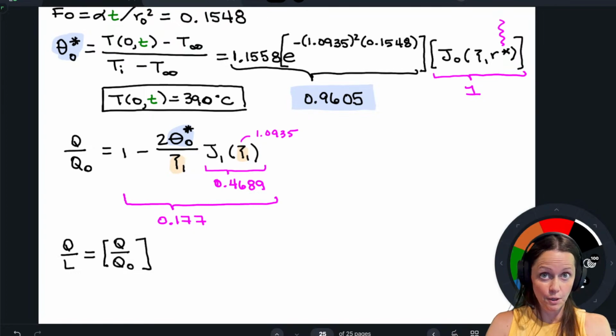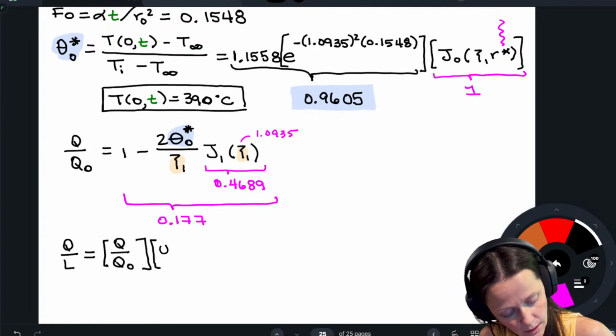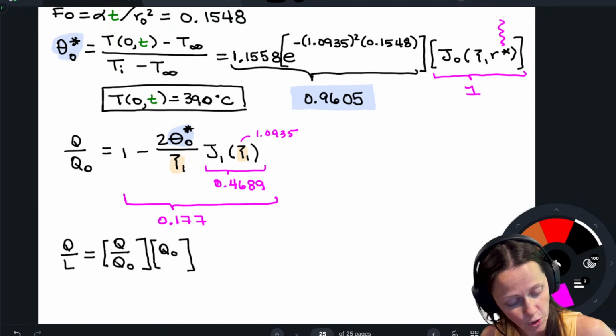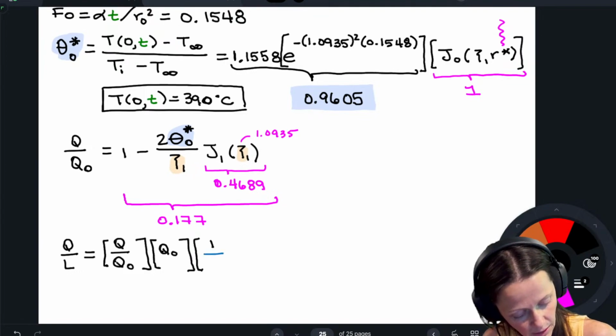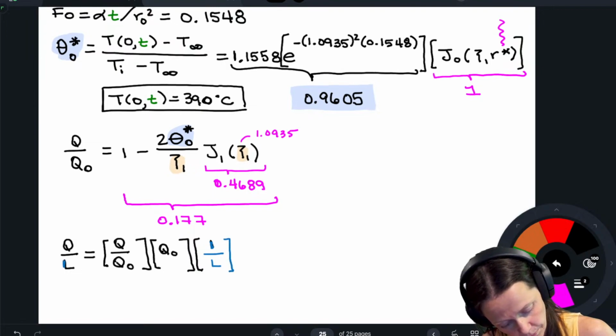Then I'm going to figure out a value for that Q max and multiply it. Okay, so now I just got Q, and now I'm going to divide by length. I'm going to put him right there.